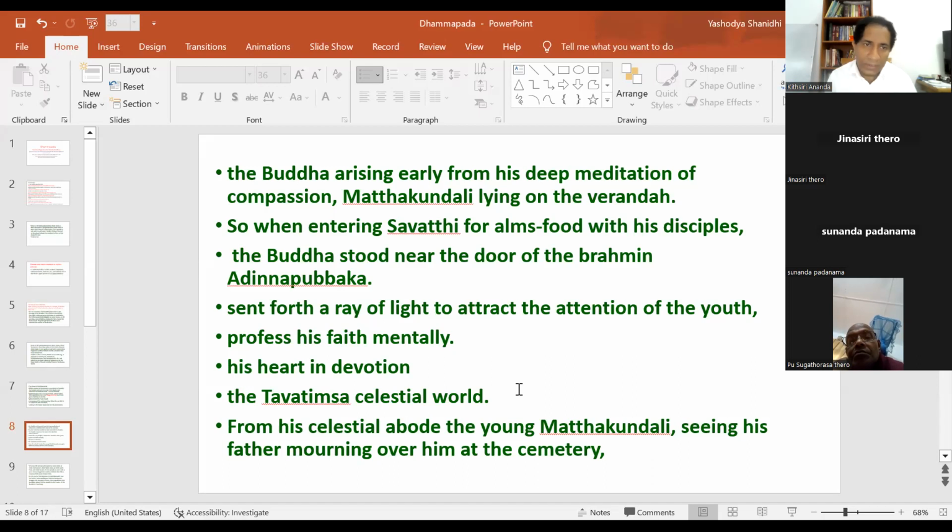So it is said that the Buddha sent forth a ray of light to attract the attention of the youth, and he professed his faith mentally, and developed a conducive mental setting to be his last thought, so that the Buddha can support his next birth to be a very good, healthy one.